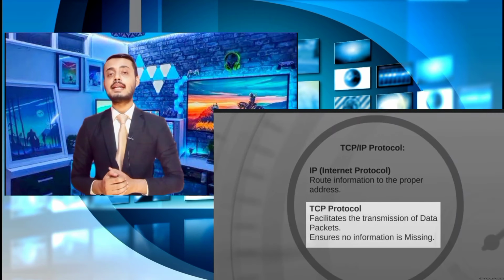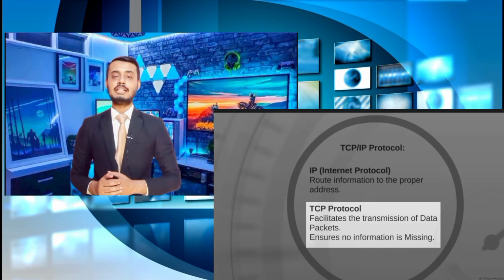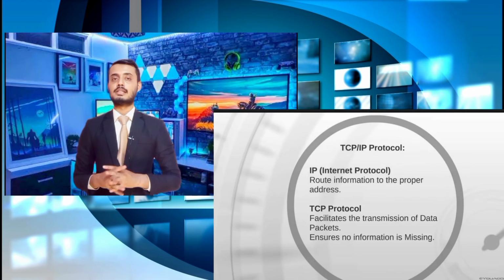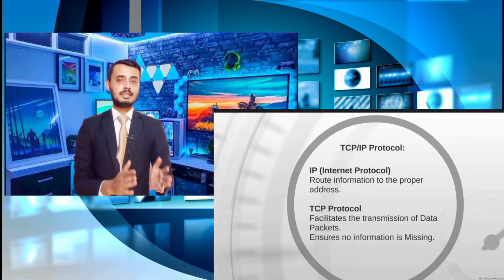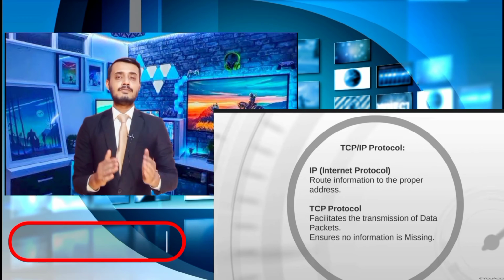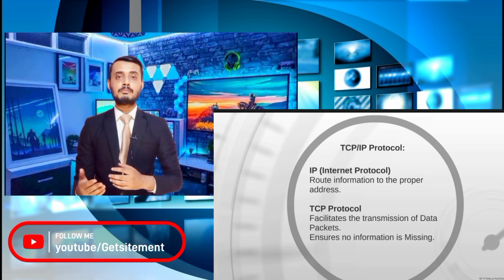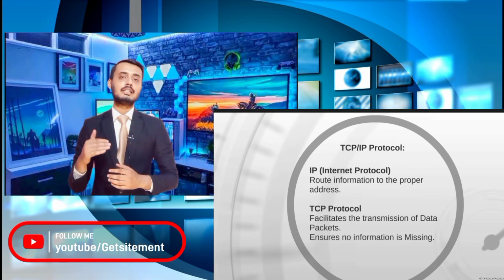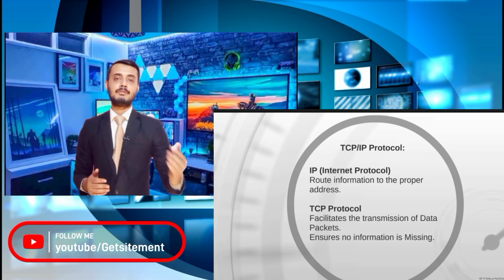The TCP protocol makes sure that transmitted data packets are received without missing information. If it's determined that a data packet is missing, TCP will request that the sender send it again. Some other protocols that we will explore in this course include HTTP, HTTPS, SMTP and FTP.